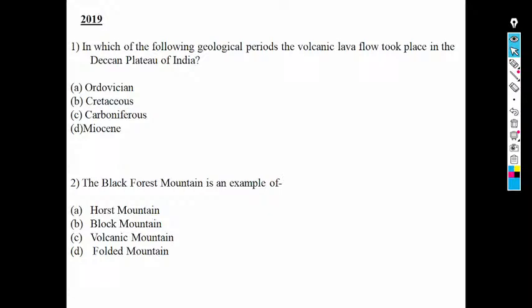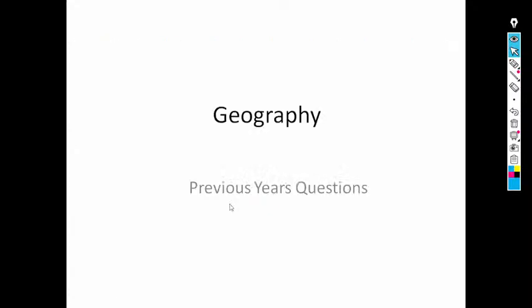So in 2019, see, before that I would like to say that day by day, in OPSC, particularly, they are getting more questions on geography and environment, right?